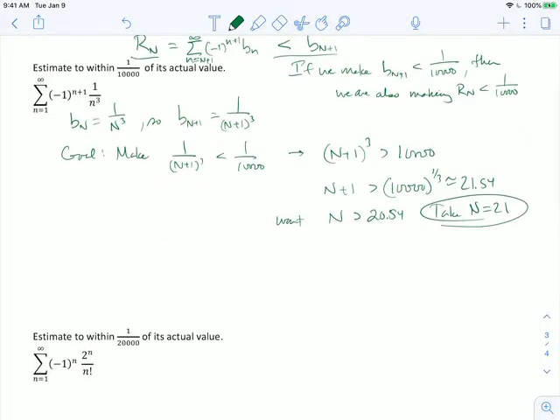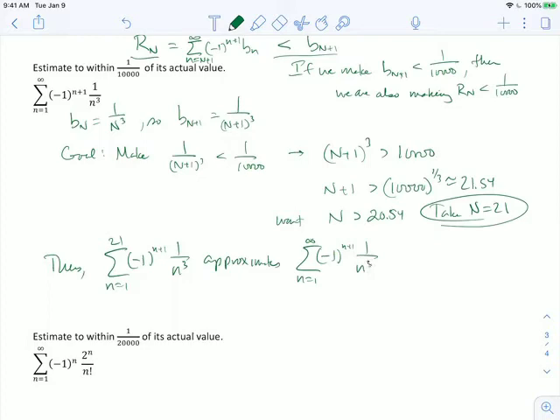And so what we're saying then is, if we just add up the terms 1 through 21, -1 to the n plus 1 times 1 over n cubed, this is going to, for sure, approximate the entire infinite sum to within 1/10,000th of its actual value. It turns out we can actually take fewer terms, but this is the one that our remainder estimate guarantees will work.